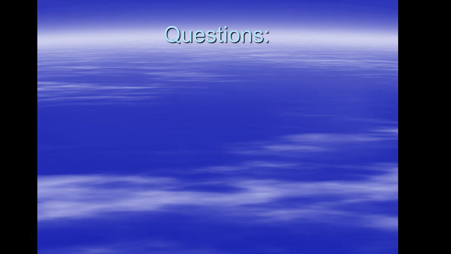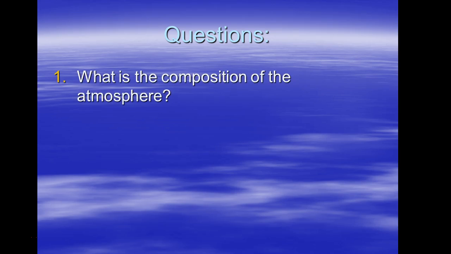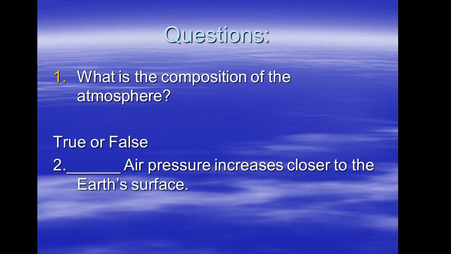Go ahead. Question number 1: I want you to write down what the composition of our atmosphere is. I'm looking for what are the gases that primarily make up our atmosphere. Question number 2, and you can pause the video obviously if you need more time. Question number 2 is just true or false: air pressure increases closer to Earth's surface.